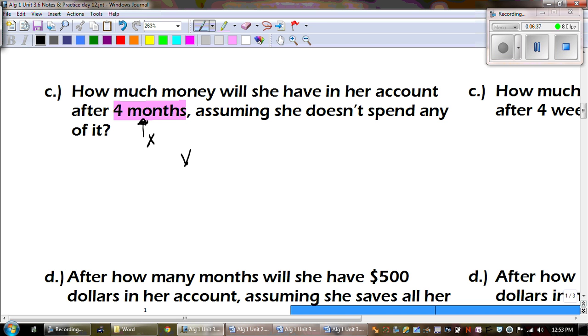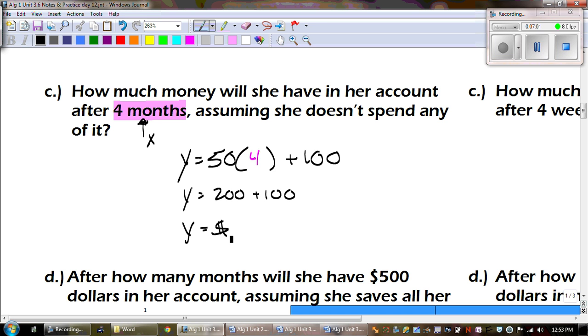So we would go into our equation, and now we're going to plug in the number 4. Okay, so why don't you guys go ahead and solve that? Yeah, the first thing you would do is multiply. And then you would get your answer of 300.